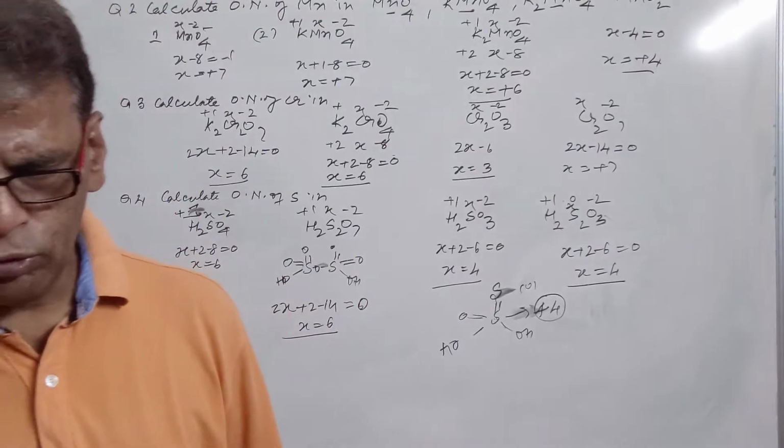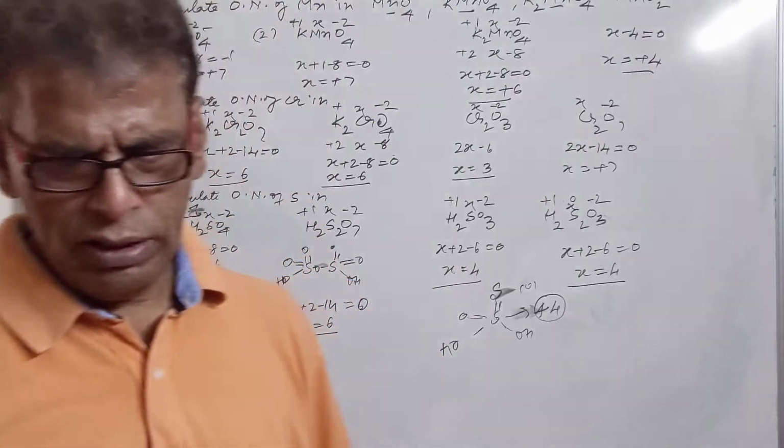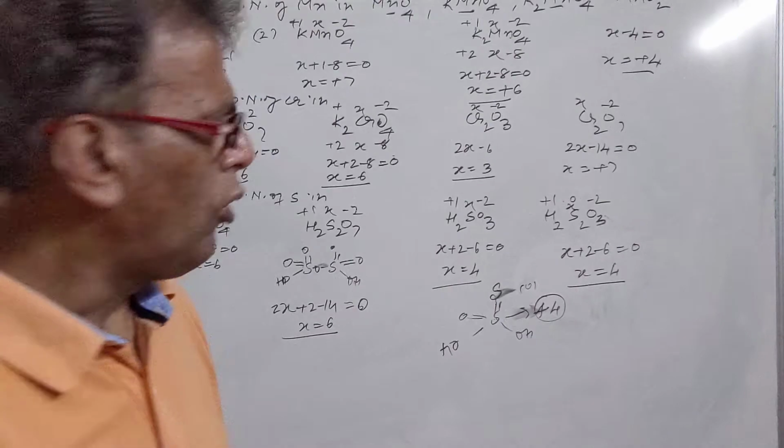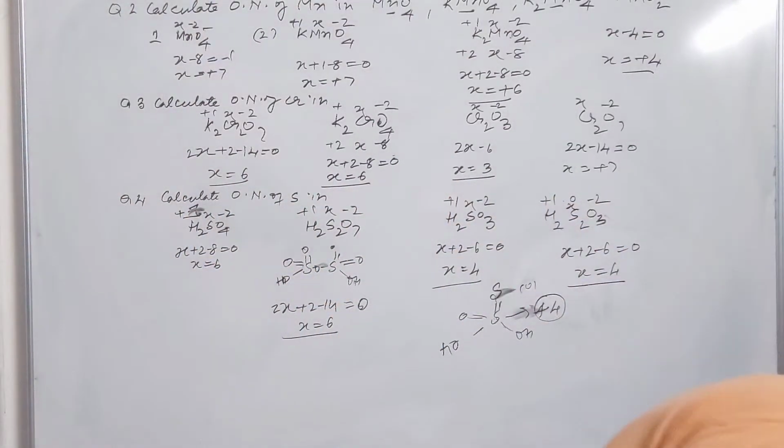Then we calculate the oxidation number of carbon in some of the species. They are the oxalate ion.